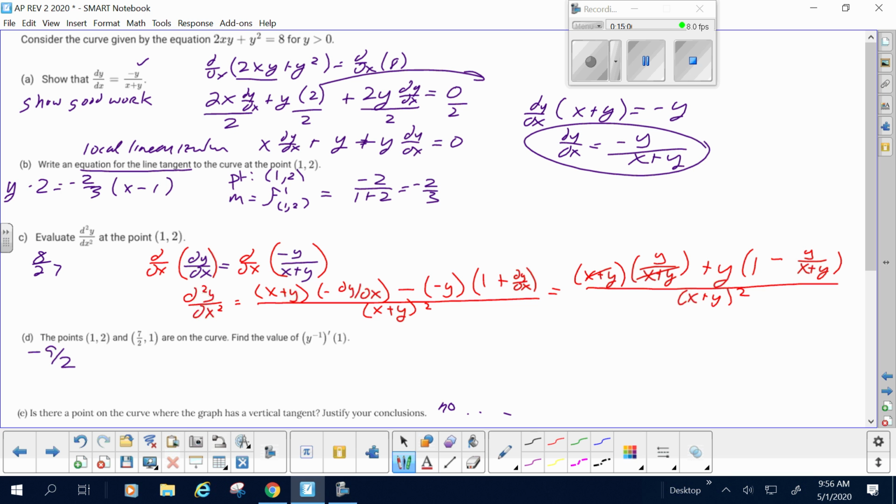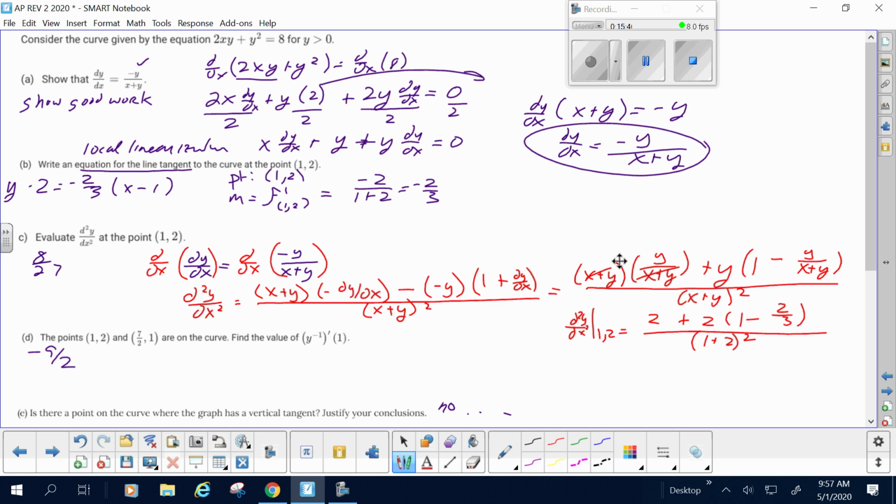At that point, we could keep cleaning up, or we could start putting stuff in. (1, 2). So the second derivative at (1, 2) is, this is just a y, so it's 2. There's a 2, 1 minus, and y over x plus y is 2 over 3, and (1 plus 2) squared. Now on the AP test, if you left it like that, you would get full credit, and I suppose it would be wise to do so, especially if you're running out of time, and not interject the possibility of making mistakes.